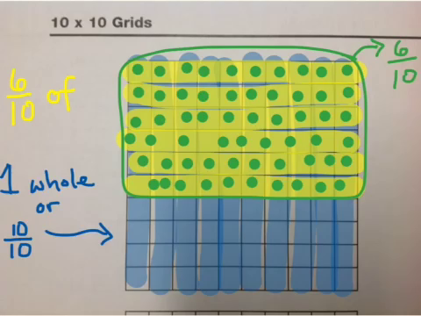Okay, so what if we did something a little bit different? What if we wanted 6/10 of 2 wholes? Well, if 6/10 of one whole is 6/10, then that would mean that if we're doubling the amount that we have, because we're multiplying now by 2, we would have 12/10.